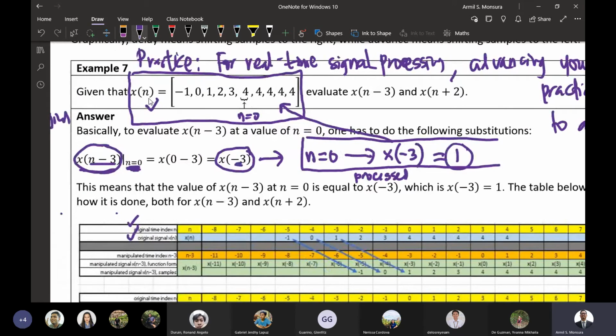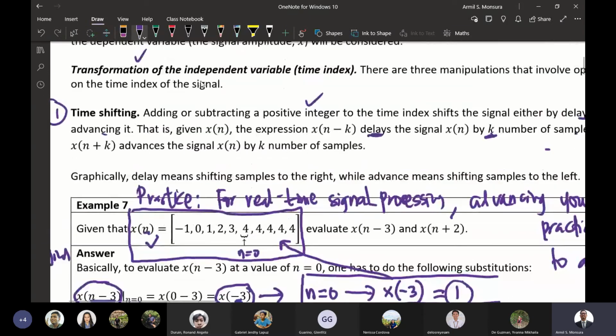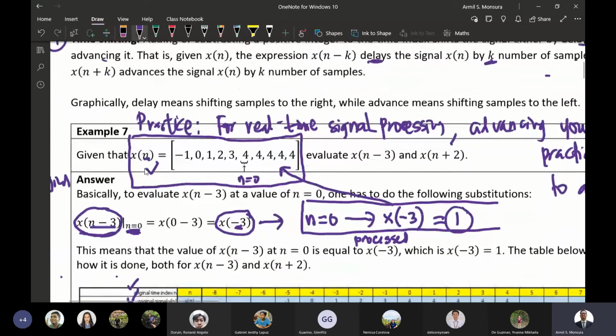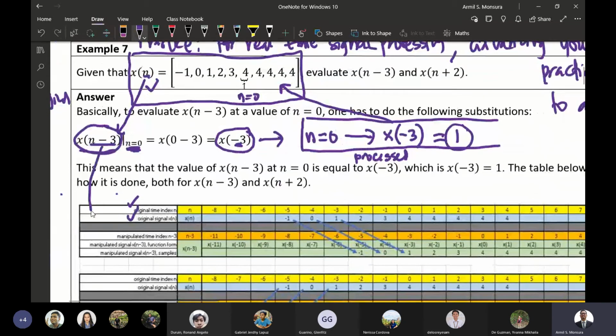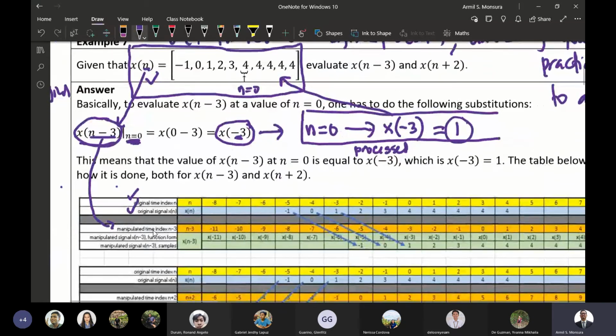Originally, ang time index niyo is n. I-manipulate natin 'yan. That's why the operation is called transformation of the independent variable. We will have to transform this independent variable from n to n-3. Kaya yung n-3 na 'yan yung manipulated time index natin.